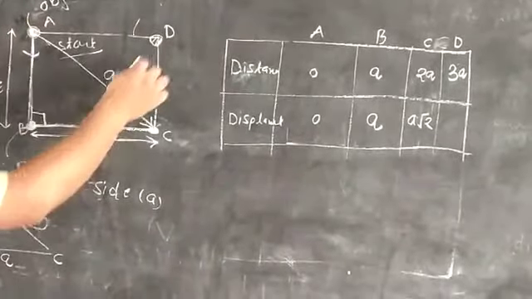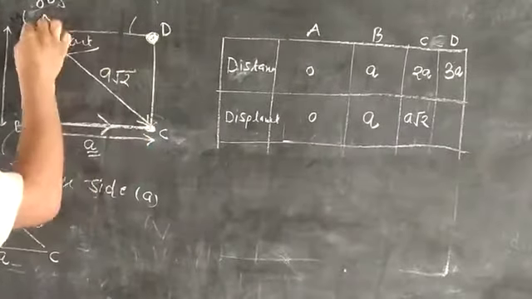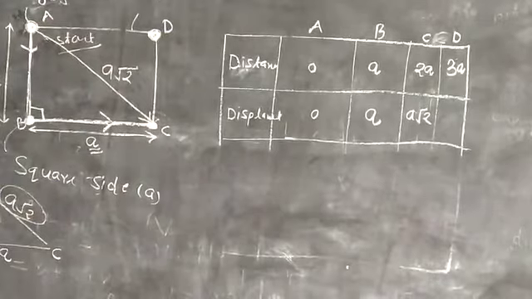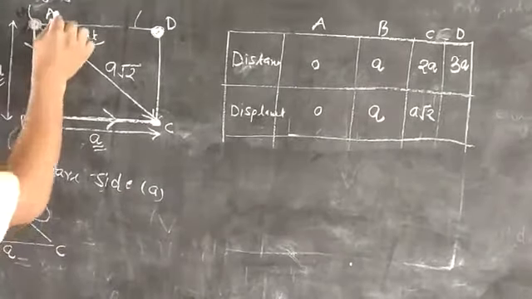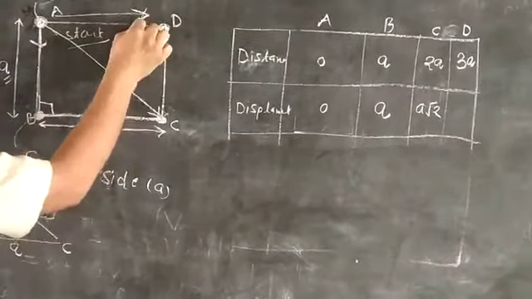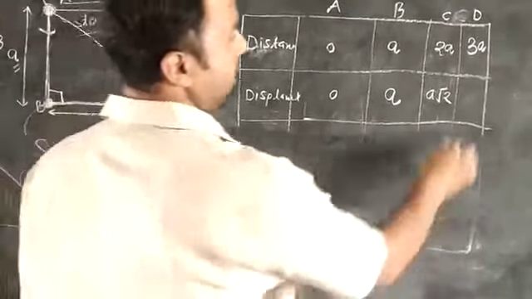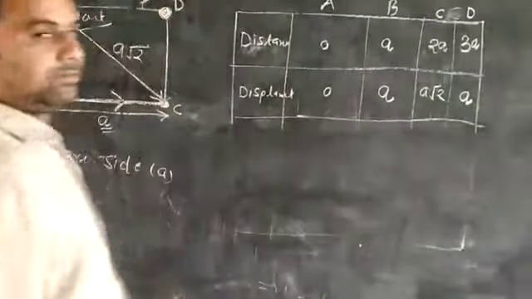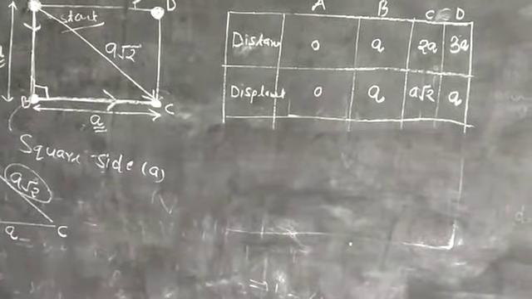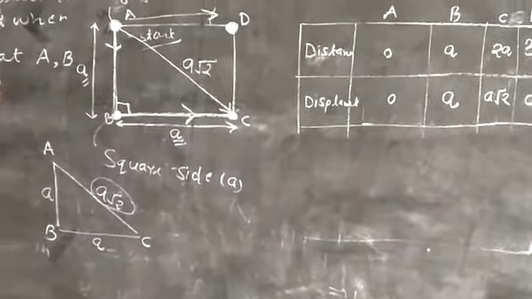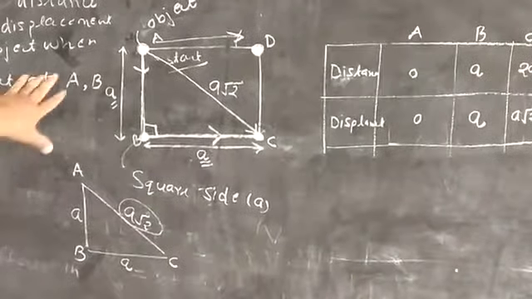This is our final point, and this is the initial point where the particle started, so this is the displacement vector.